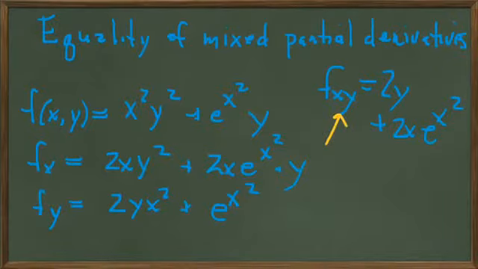So we're taking the partial of this term. That would be the 2x is acting as a constant, and we're taking the partial with respect to y of the 2y. So that does give the 2y part, but it is multiplied by 2x. So this should be times 2x right here.